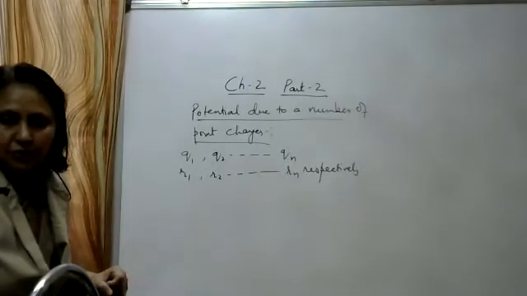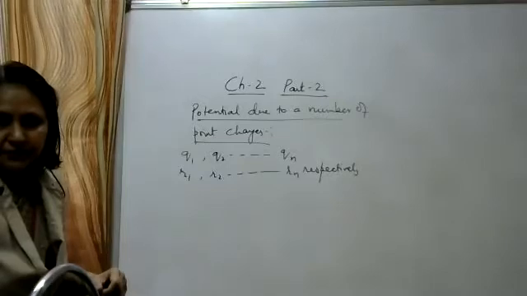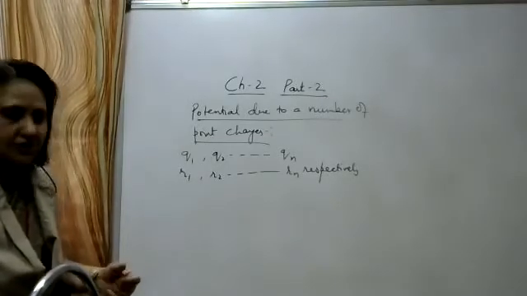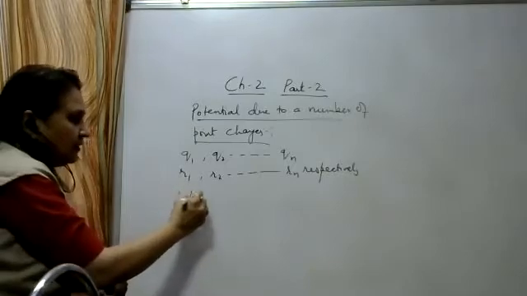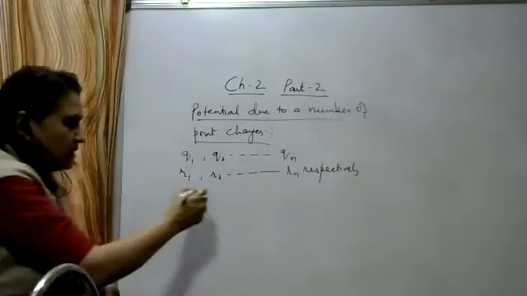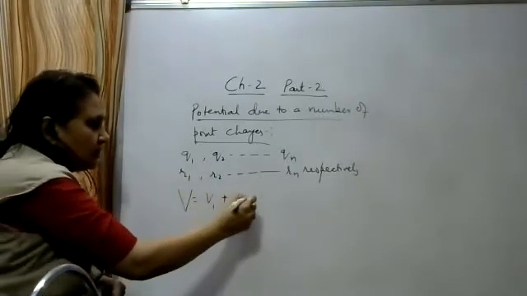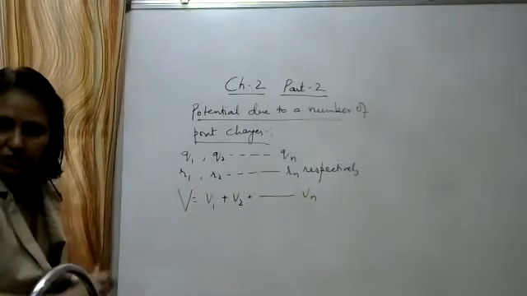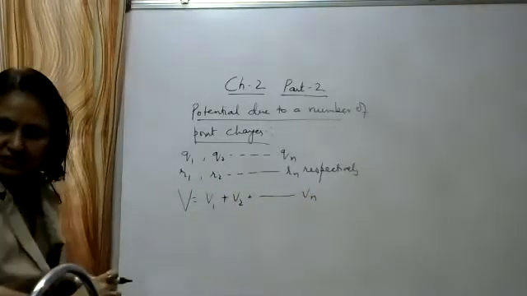Write down the total potential, or the net potential, is given by the potential of the first charge plus the potential of the second charge plus the potential of the nth charge. Simple algebraic addition.